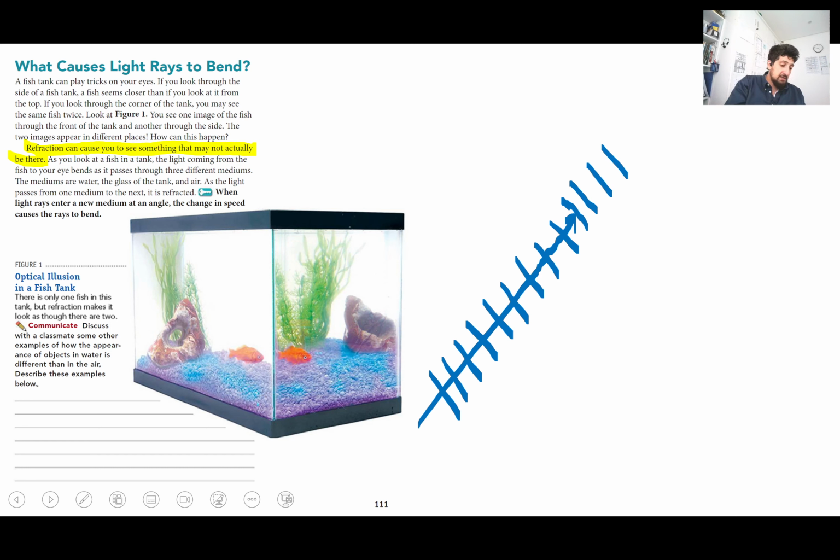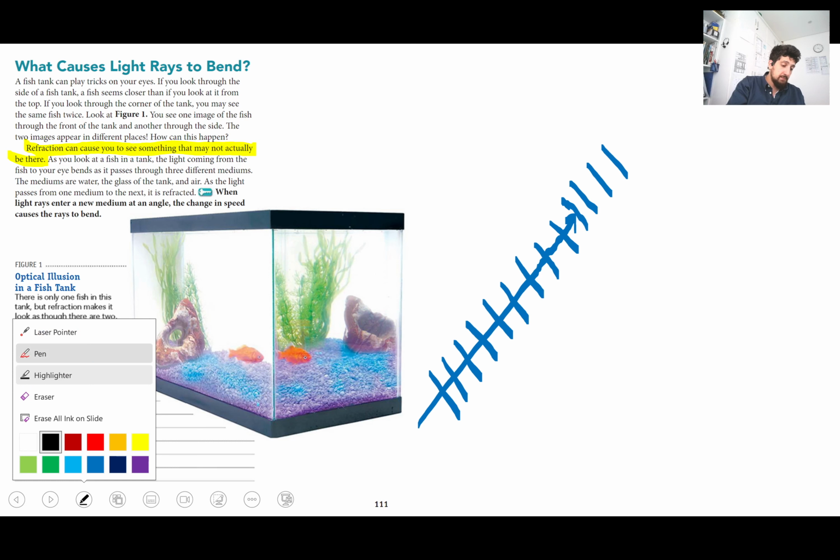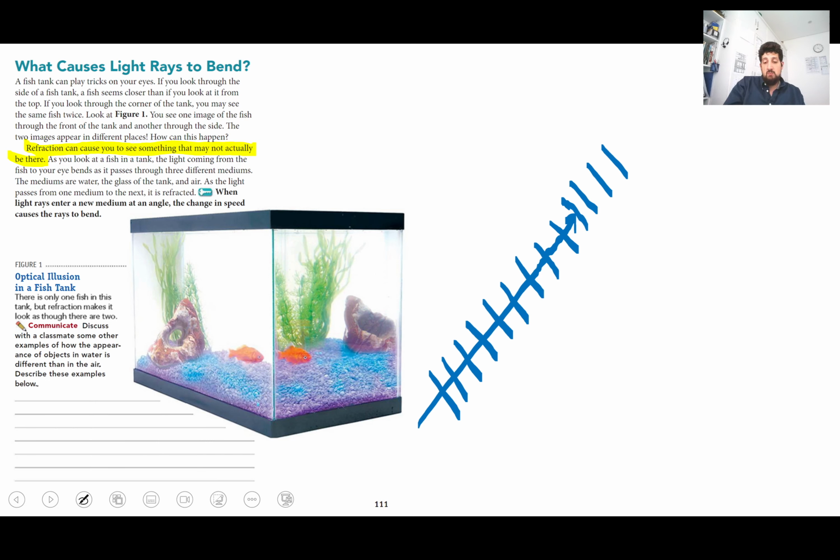Now what happens next, I want you to pay attention please, is that this happens. It's going from one medium to another. So let's say for example, this is air and this is water.